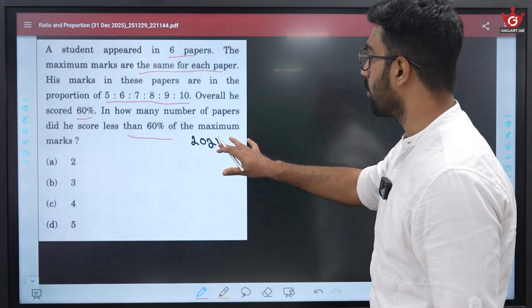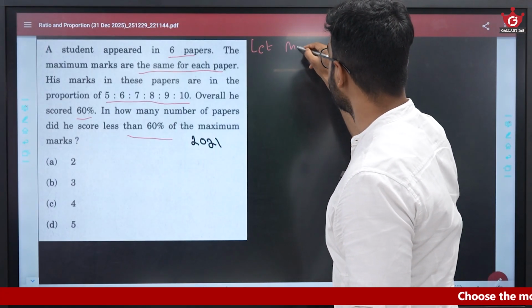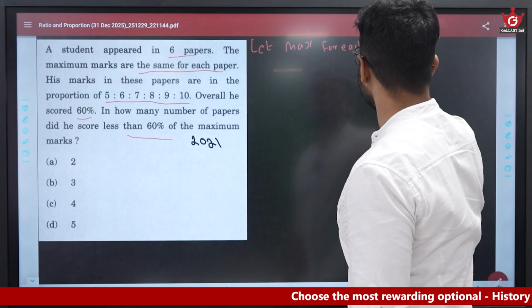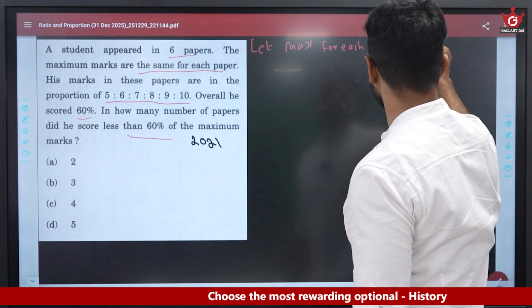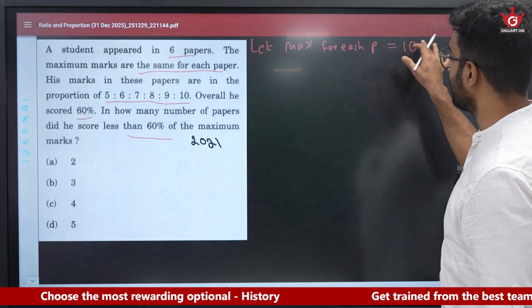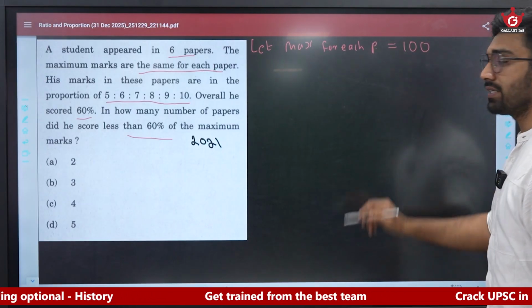For this problem, let us assume the maximum mark for each paper is 100.